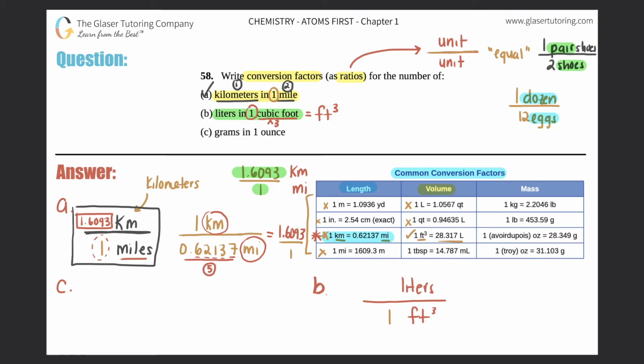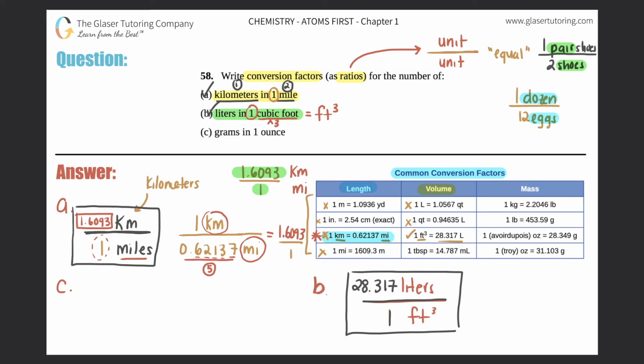And it's already nice and put for me perfectly. It's 1 feet cubed, and that's what I want. So that means that there's 28.317 liters. And 28.317 liters equals 1 feet cubed. There's your ratio. Box that off. That's the answer for B.